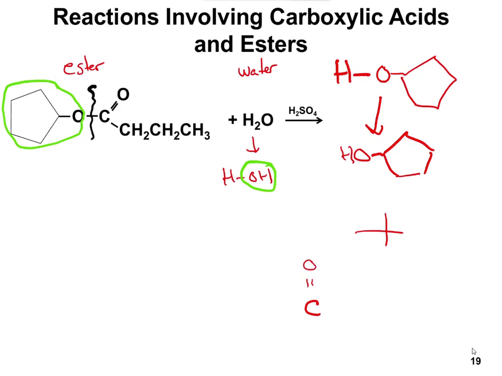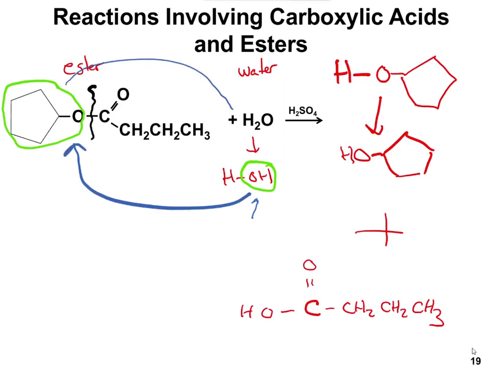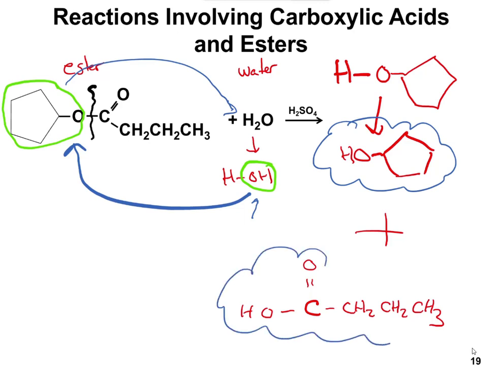C, double bonded to O, bonded to CH2, CH2, CH3, and then instead of the O with the 5-membered ring, now I'm going to draw an O attached to an H. So in other words, what we did is we traded places. This OH that's right there got moved from there over there, and this got moved from there over to the water. So our two products for this would be an alcohol and a carboxylic acid.